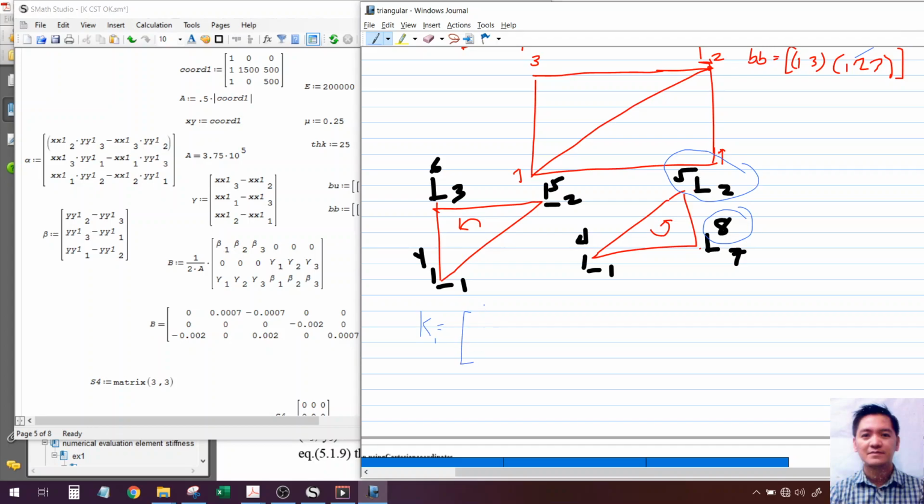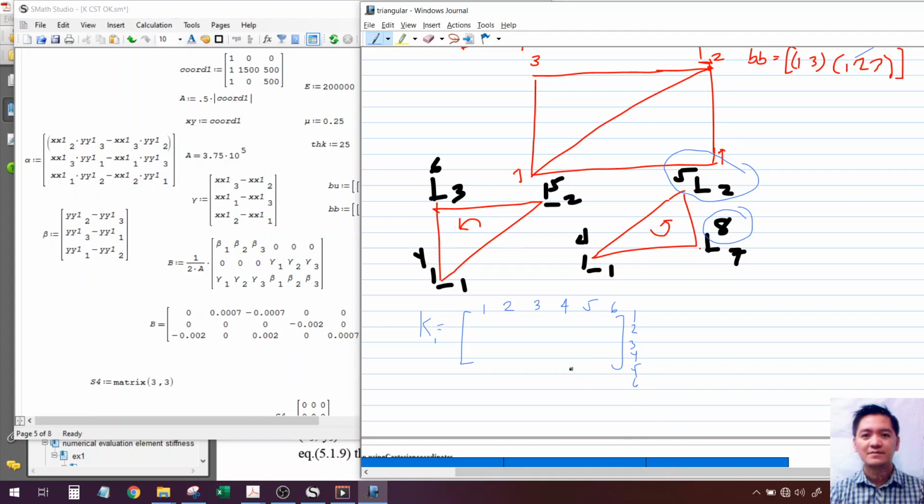Coding nito is 1, 2, 3, 4, 5, 6. So 6 by 6 kasi we have 2 degrees of freedom each joint. We have 3 nodes each element. So 2 times 3 is 6. So 6 by 6.